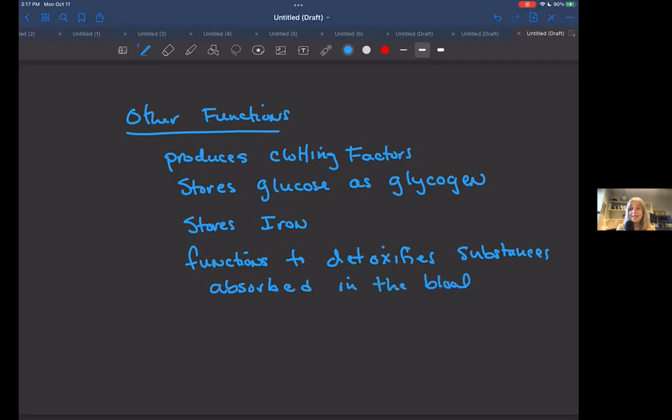So if we look at the fundamental structures that allow for this to happen, we talk about what are called the liver lobules.